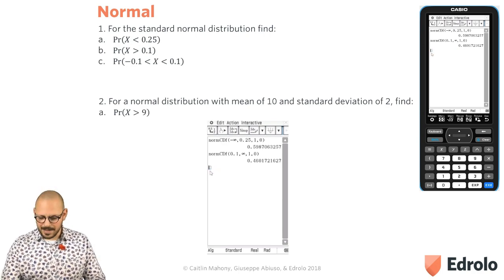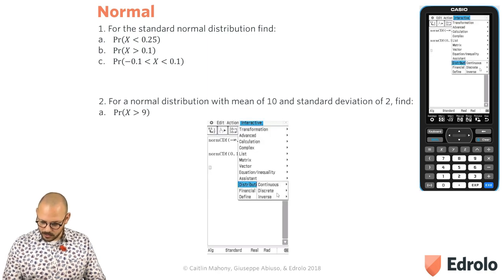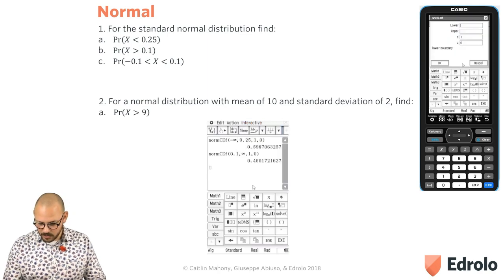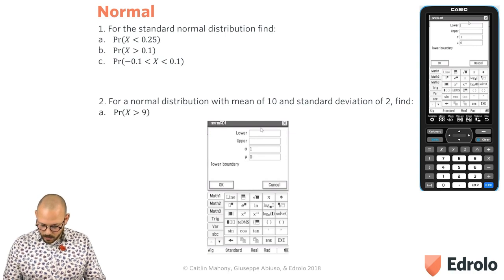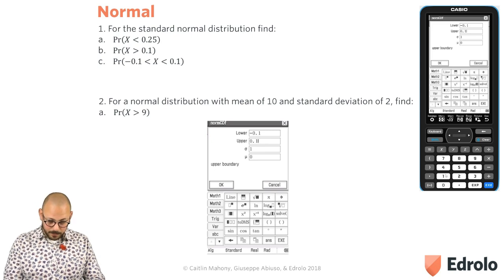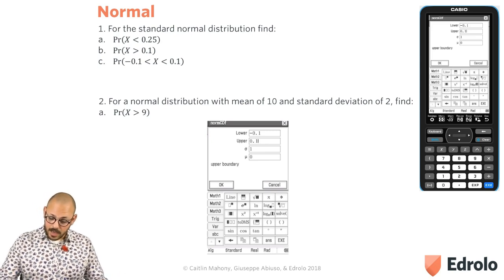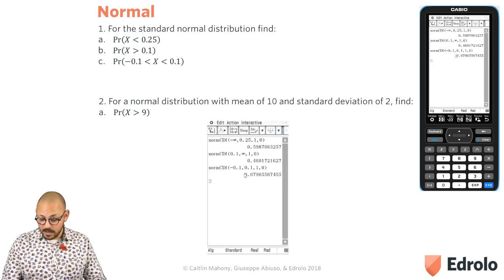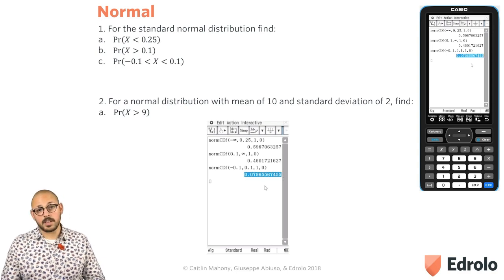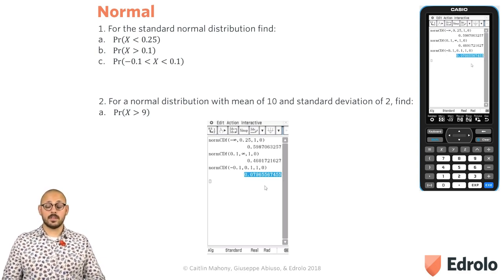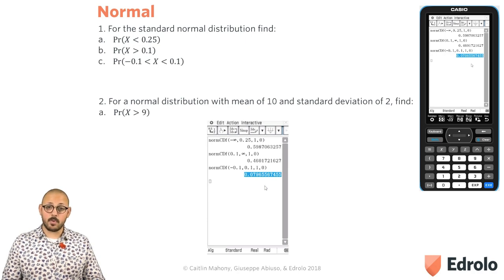Now to do part C, we want to go to interactive, distribution, continuous, norm CDF again. Our lower bound is going to be negative 0.1, and our upper bound is 0.1. This is given in the question. And again, we can hit OK. And here is our probability that our value will fall between negative 0.1 and 0.1.